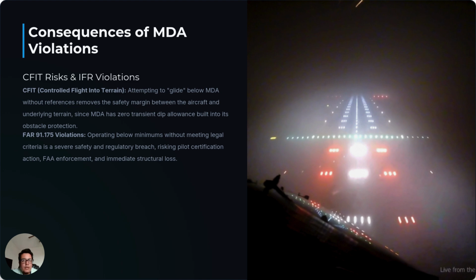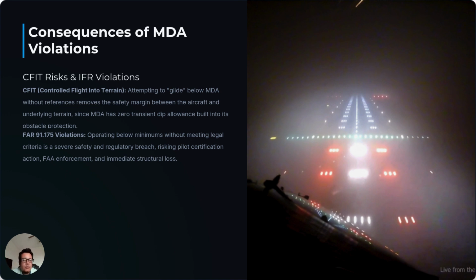Consequences of an MDA violation: CFIT, or controlled flight into terrain. We treat the MDA like a hard floor because we cannot glide like on a precision approach, as that removes the safety of the minimums for obstacle clearance.